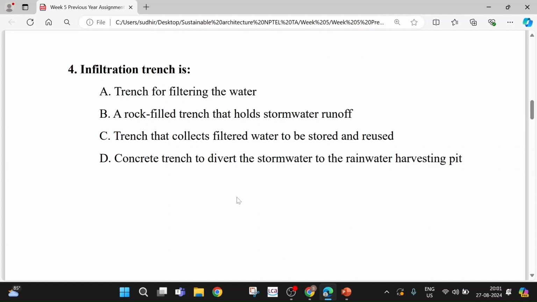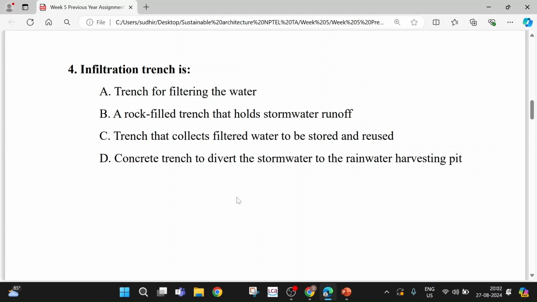The thing is here, sir, as written here, the rock fill trench that holds stormwater. Holding is a different thing, and filtering down to the base layer is a different thing. And you have to choose the most appropriate option. Yeah, sir, actually I missed the rock fill in option A, so it was in option B. That was my mistake, but still, sir, the phrase holds stormwater runoff actually threw me off.